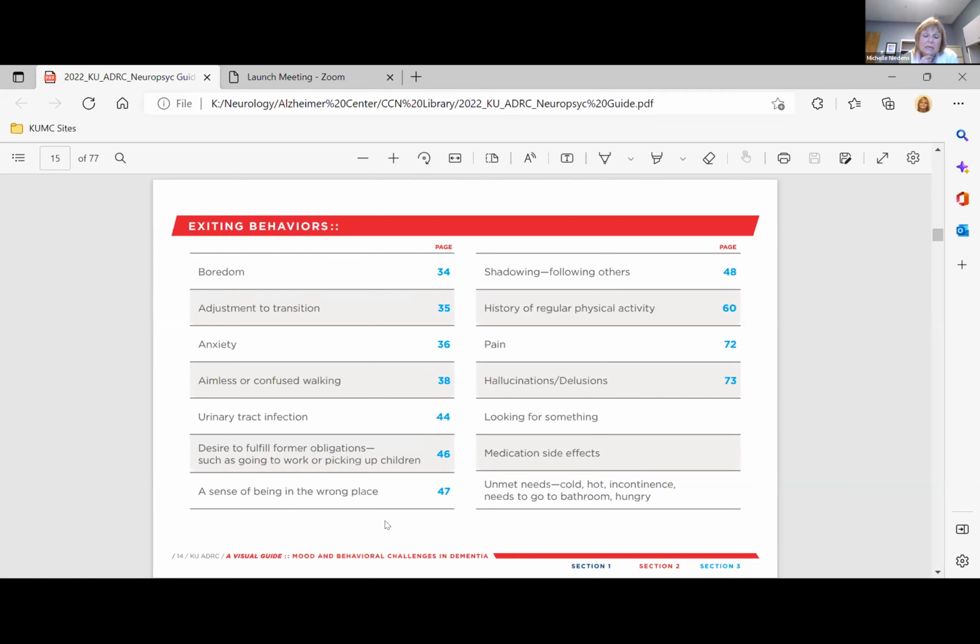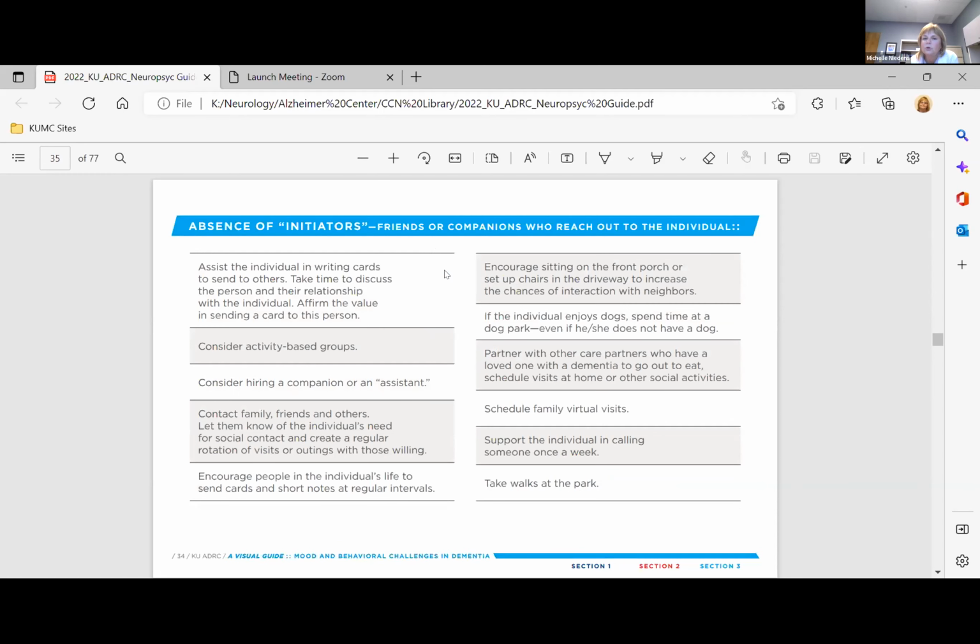So they may need a different environment, but it may be something that we can resolve without having to change an environment. So perhaps we think, gosh, it's boredom. So then we can click to 34 and look at possible responses and possible suggestions for dealing with that particular issue.